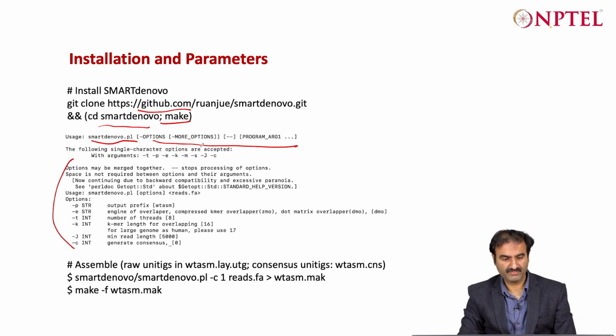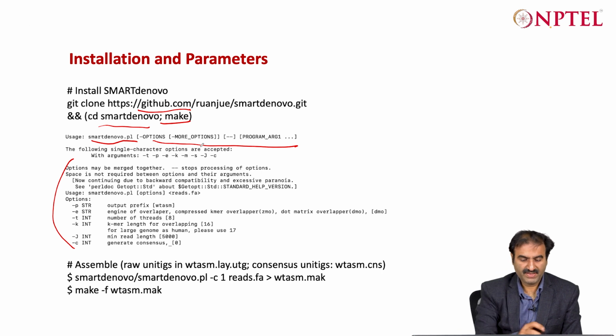So basically for making the raw unitigs, the command line could be smartdenovo.pl with -c 1, that means generate the consensus.